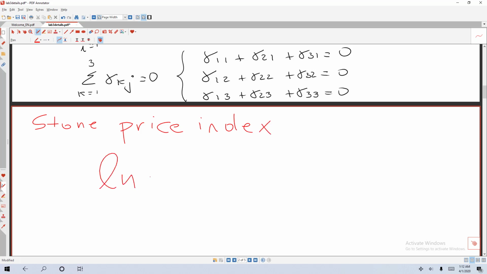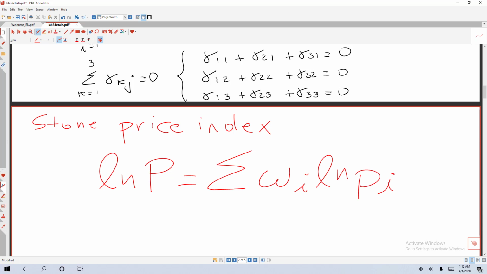And this is basically the sum of the shares times the natural log of the prices. So it's just like a price index. In the US we have a price index, and this is a specific type of price index. So that's kind of what I'm calculating in that line.